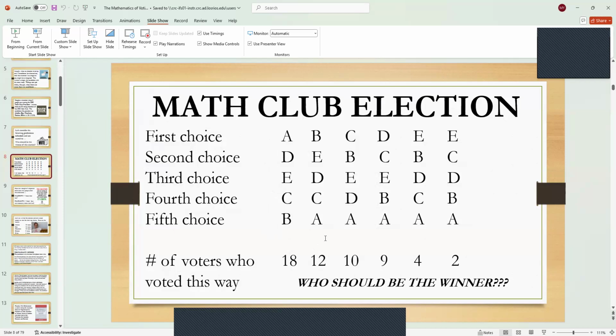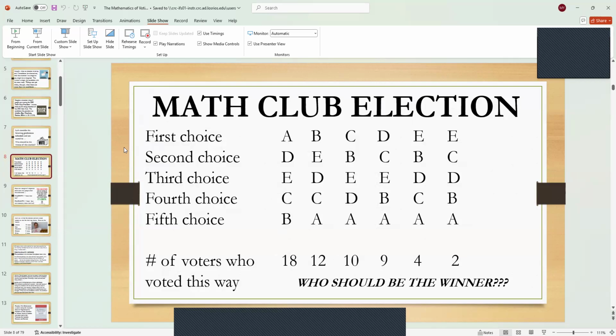Another 12 people, just by chance, happened to turn in a ballot that looked like this. They had Ben as their first choice, then they had Elliot, and so on. And then another 10 people turned in a ballot like this. They had Charlotte at the top, and so on. You can see all these numbers at the bottom here should add up to 55 if we have 55 voting members.